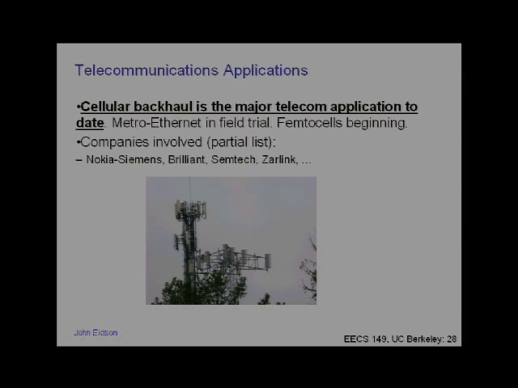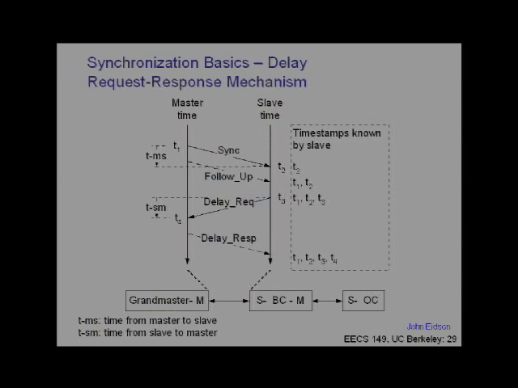Okay, so let's talk about one aspect of the clock synchronization algorithm. There's a whole bunch of things involved, but I'll just talk about one of the parts of the protocol. So one of the key ideas in 1588 is let's say you have 100 nodes, right? You want to organize these nodes into some sort of master-slave pair.